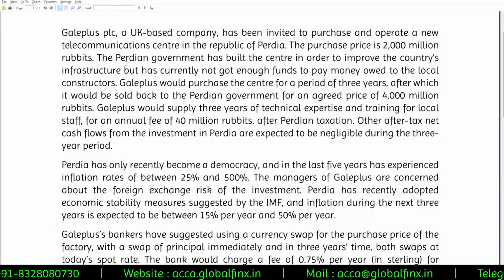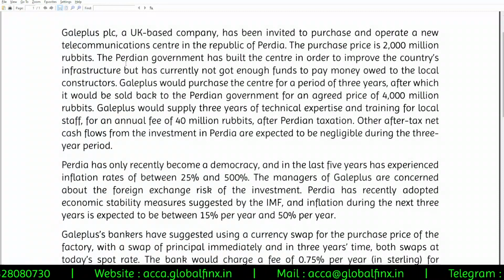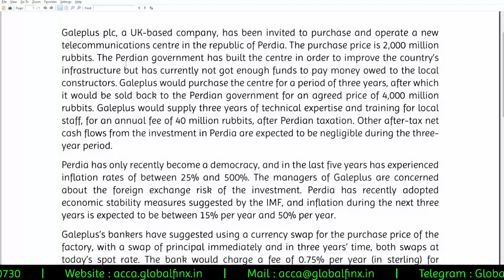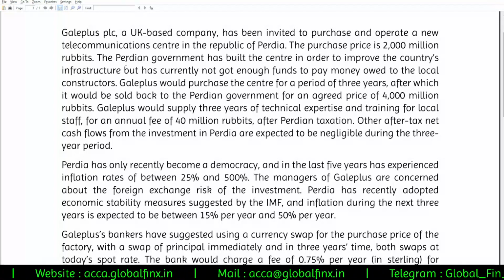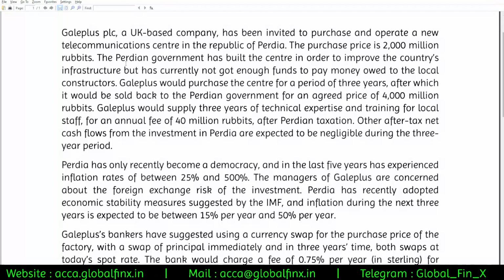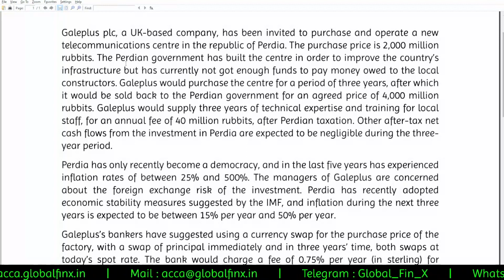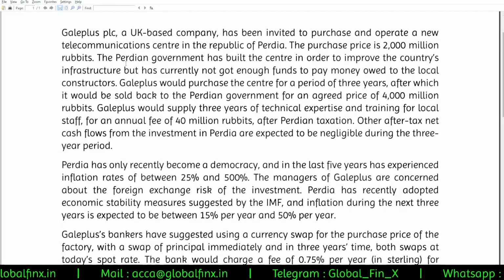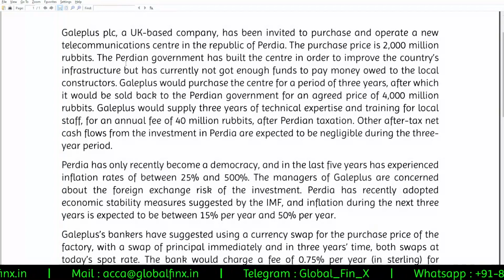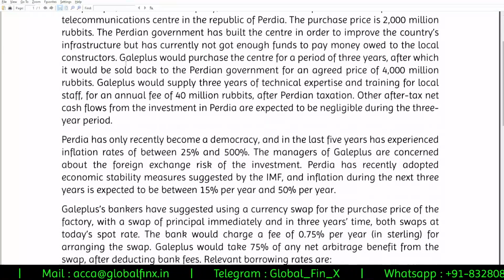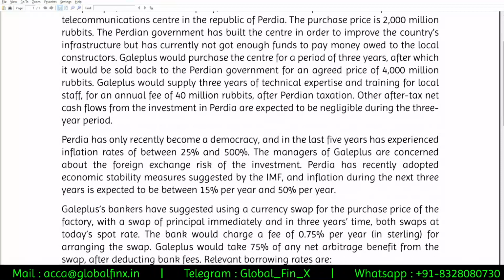That's double the purchase price which Galeplus initially paid, which is good. And apart from that, Galeplus is going to provide 3 years technical expertise and staff training in that country, so they are going to pay 40 million rubits to Galeplus every year as fees. Which is nice.